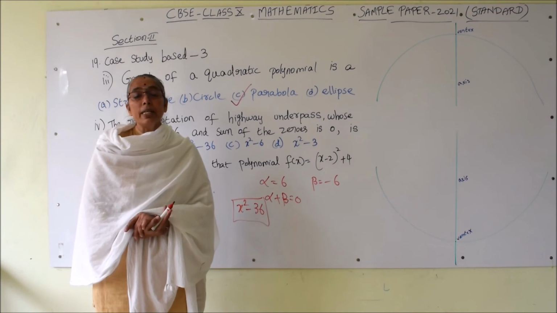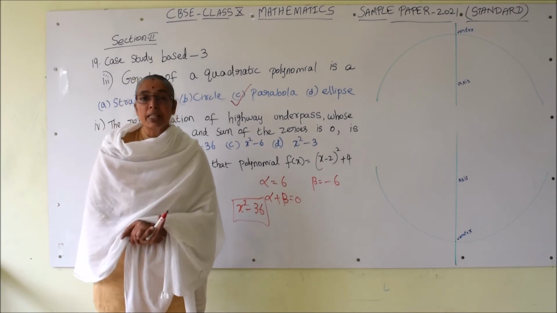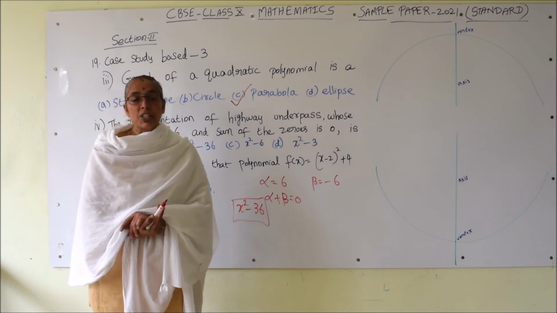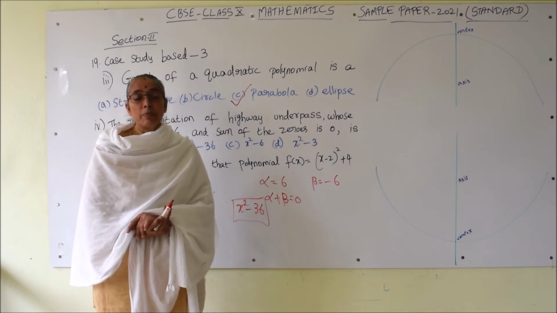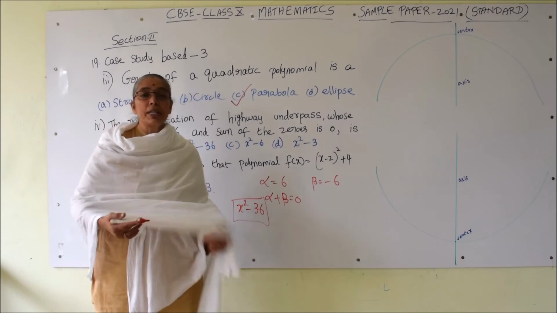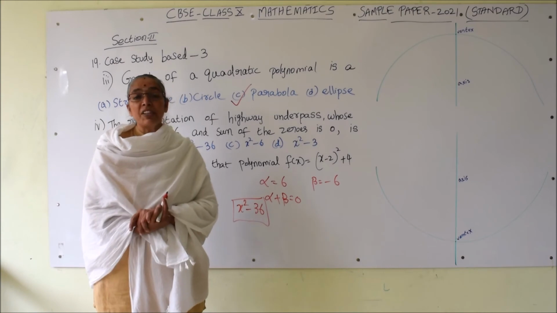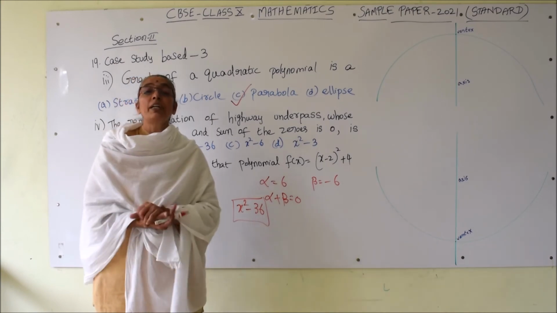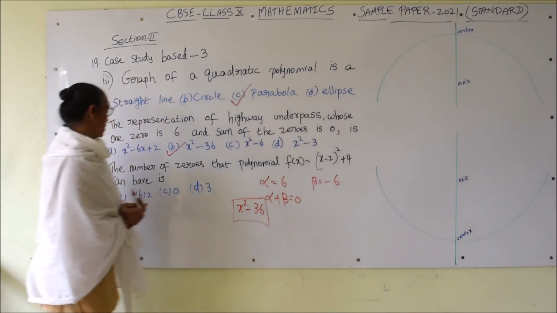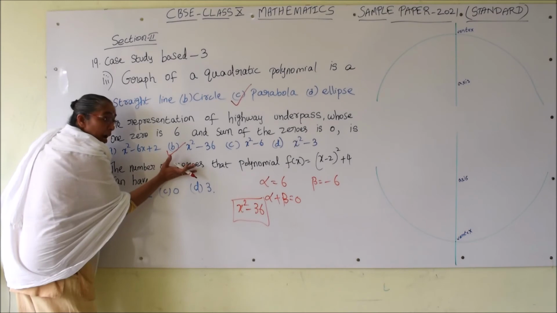If the discriminant is greater than 0, the quadratic equation has distinct and real roots. If the discriminant is less than 0, the quadratic equation has no roots, which means the quadratic polynomial has no zeros.